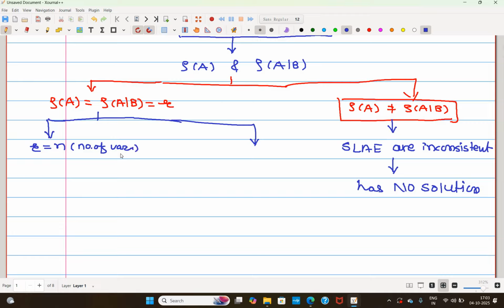If the rank is equal and equal to the number of variables, in that case we are having a unique solution. It's consistent and has a unique solution.